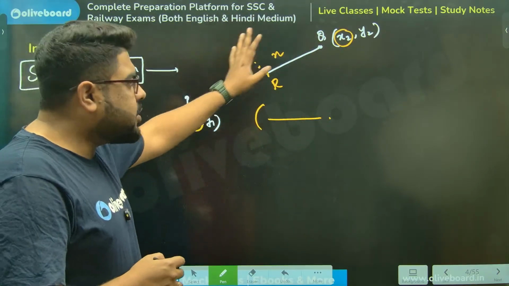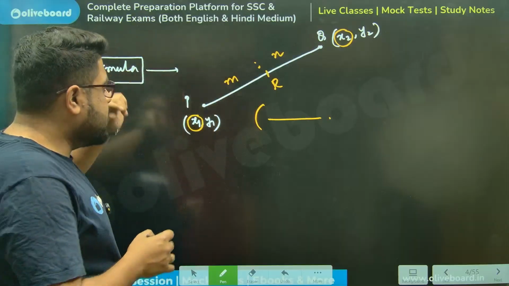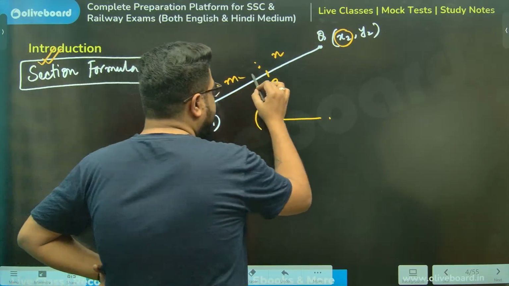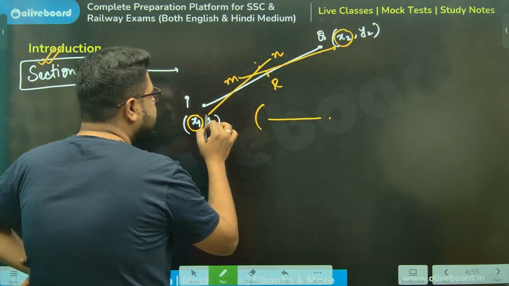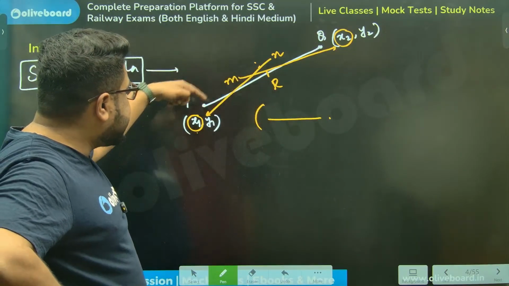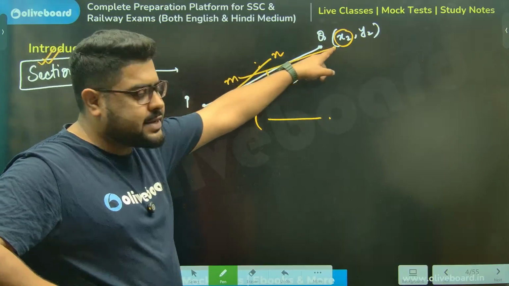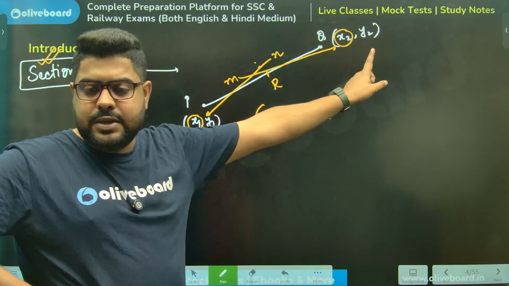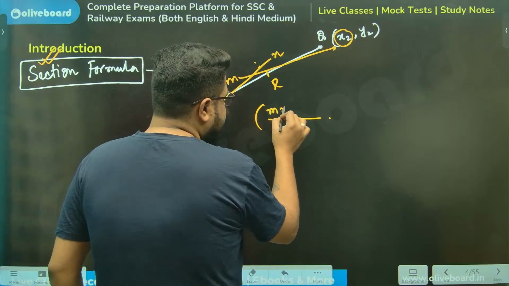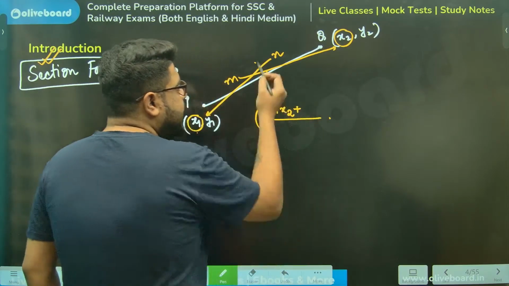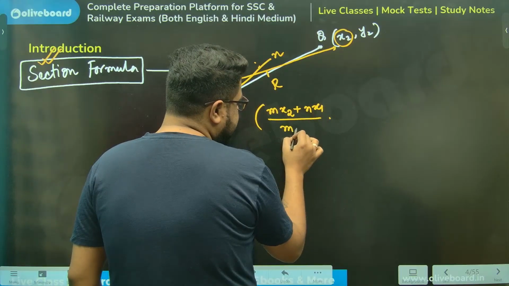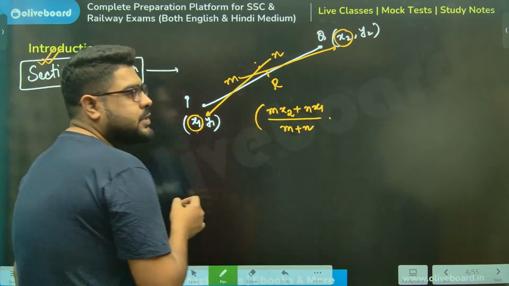Now for x, always remember, you multiply m with the further one. Closer x is x1, further x is x2, so m into x2, plus n into the other one, that is x1. And below, it will always be m plus n.